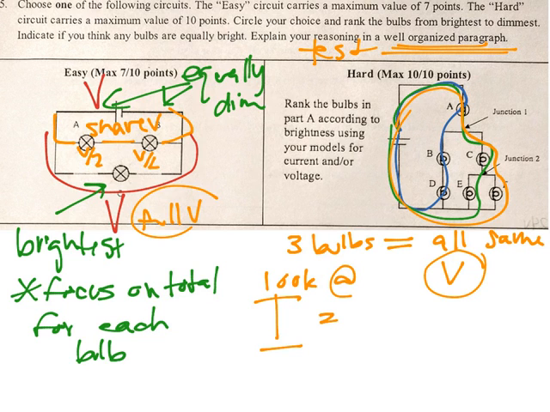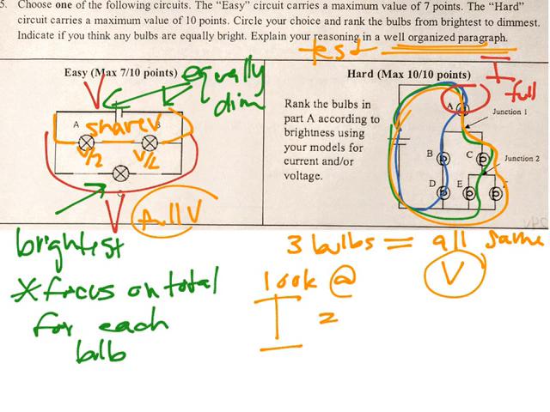Alright, so they all have the same voltage. So while we're looking at the current, however, you can see, look, right here at A, you got 3 lines of it going through. You definitely have more current here. In fact, it gets the full current.